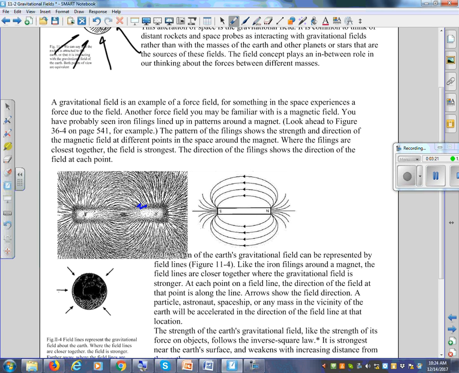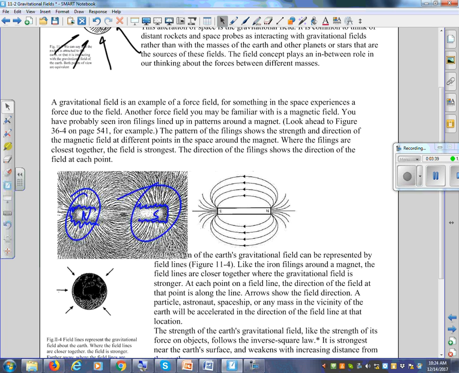Right here. It almost looks like hair. Right around the, what are those called? Of a magnet, the N and the S. The poles. Right around the poles is where the magnetic field is strongest.